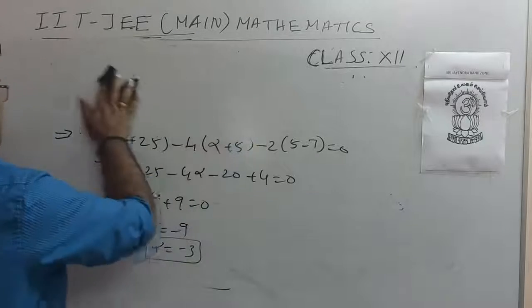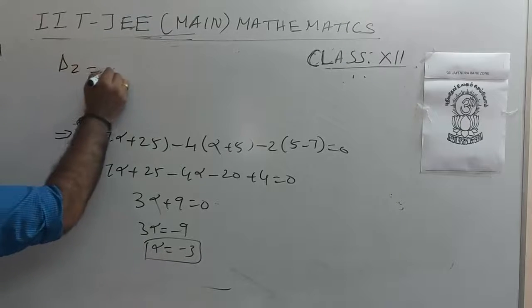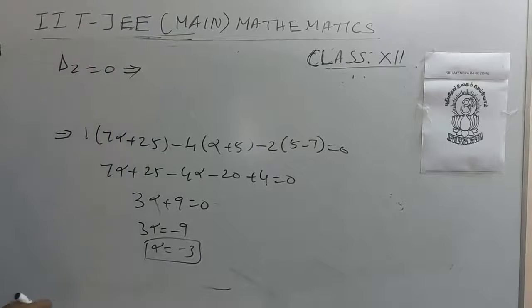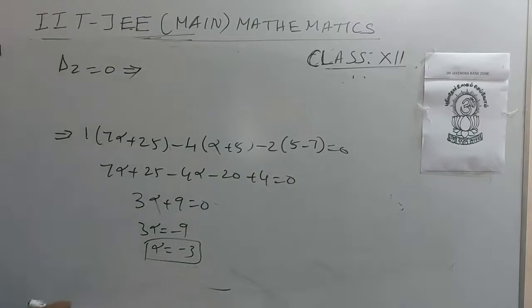If it has a solution, surely we should have delta x 0, delta y 0, delta z also should be equal to 0. We take delta z equal 0, so delta x equal 0. Applying delta x 0, we get the result alpha equal to minus 3.